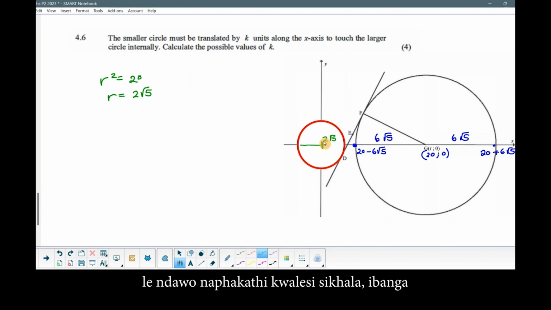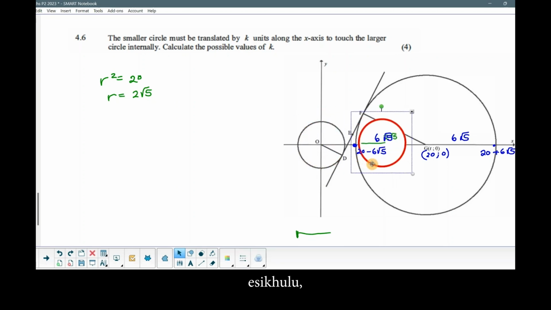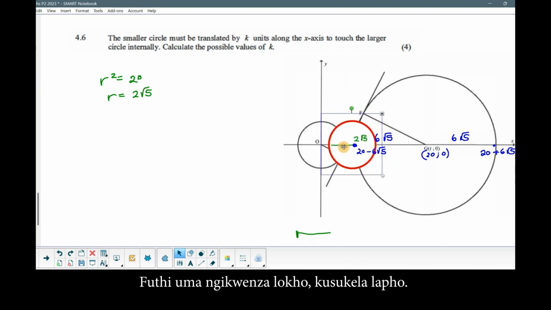And let's have a look at this question more reasonably. This point to that point, the distance is 20 minus 6 root 5. But if I want to move this entire circle so that it sits on the inside of the big circle, that means I'm moving it 20 minus 6 root 5. And if I did that, it sits about there.